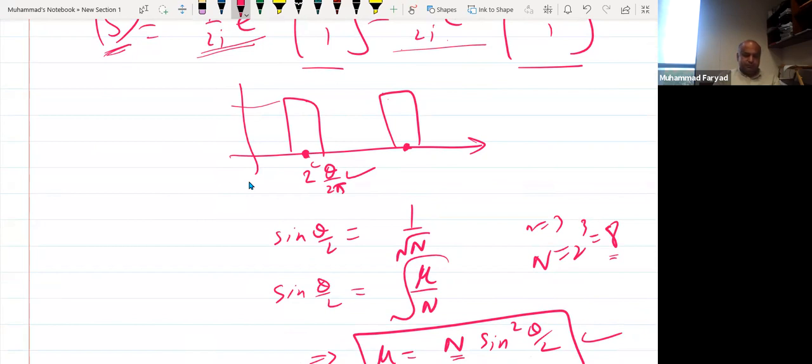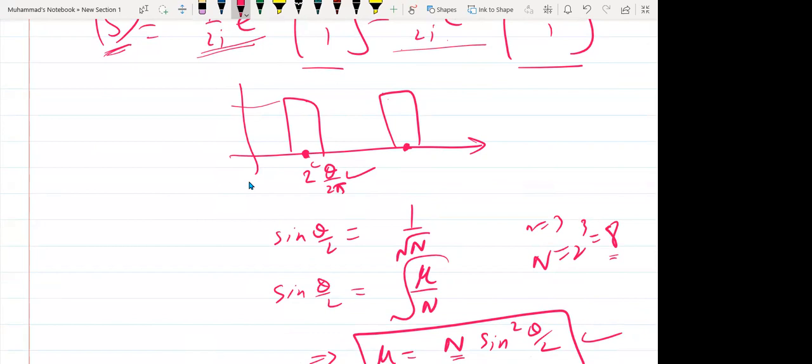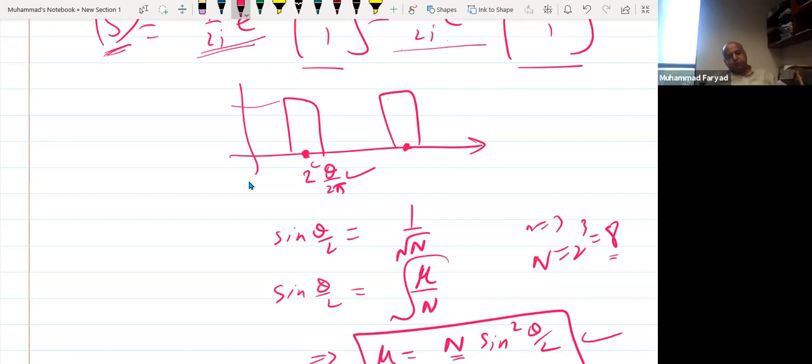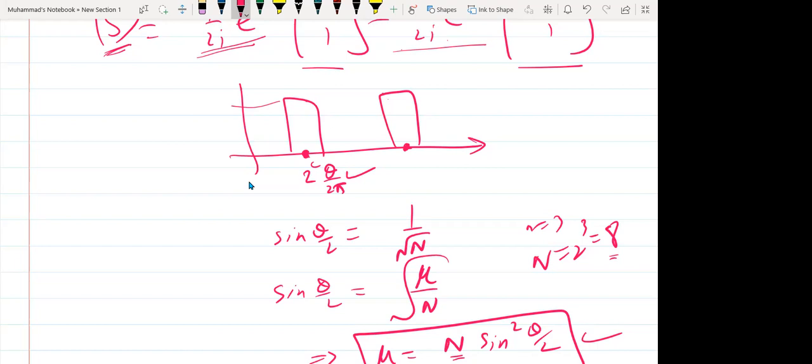Sir, do we need to normalize the superposition state before setting it as our initial state? Suppose we are starting our problem in a superposition state of eigenvectors.